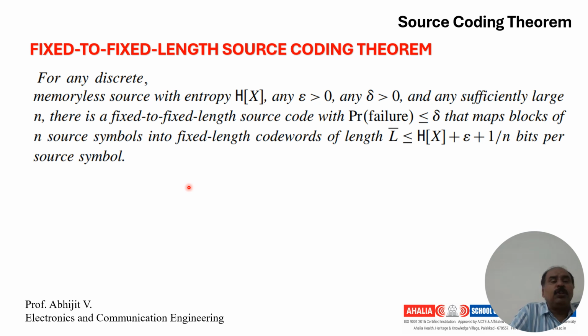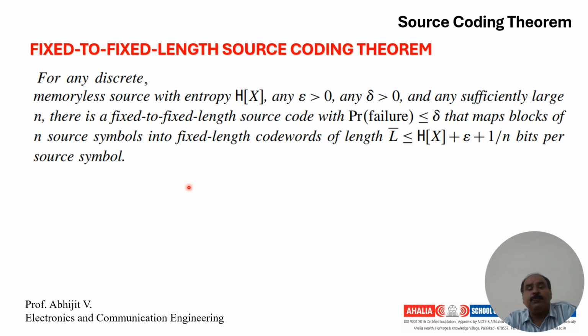Shannon's theorem, fixed to fixed length source coding theorem. We consider a discrete memoryless source whose entropy is H(X). Let us consider epsilon greater than 0 and delta greater than 0, any two values, and n is the total number of possible symbols in a set.